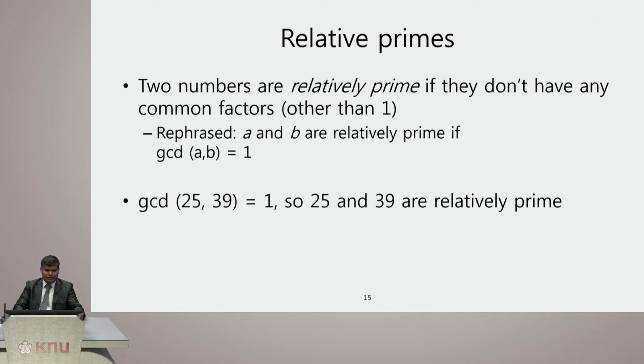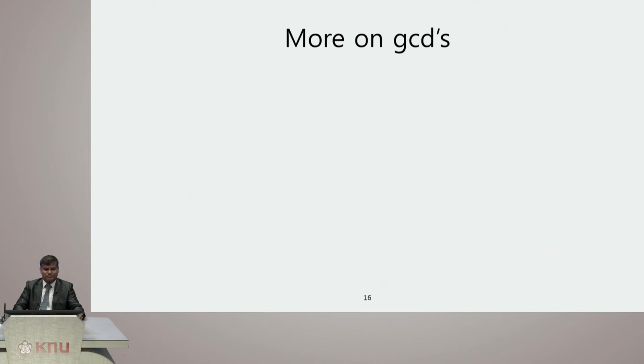Consider 25 and 39. Yes, they are relatively prime because they have only 1 as a common divisor.